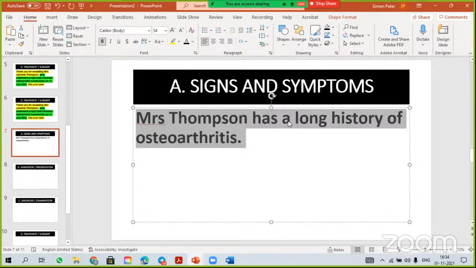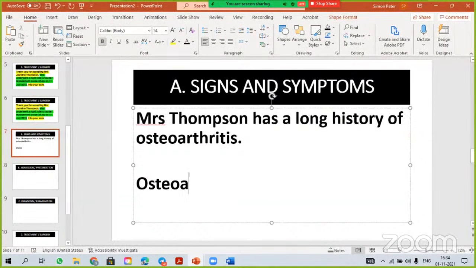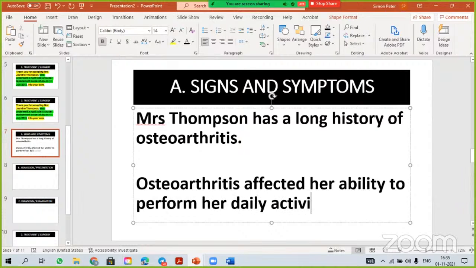So this is one sentence. Then another sentence is: osteoarthritis affected her ability to perform her daily activities.